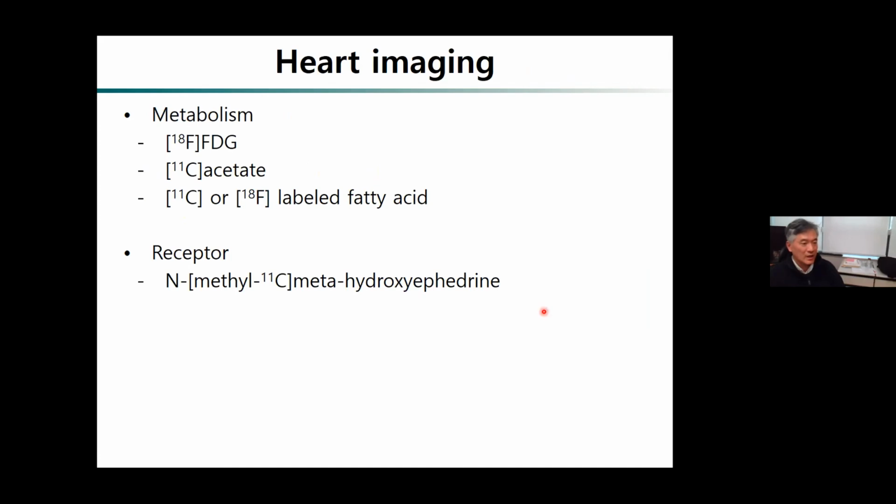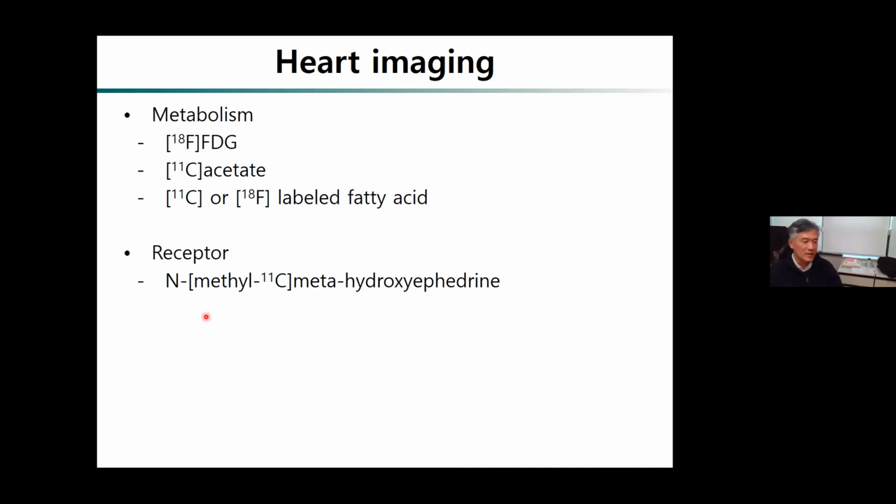And heart imaging can be visualized with F18 FDG or C11 acetate or F18 or C11 labeled fatty acid. As you know, our myocardial muscle can get energy from glucose and fatty acid.